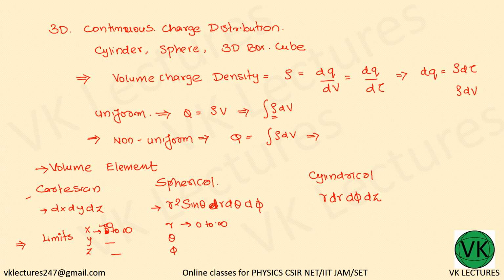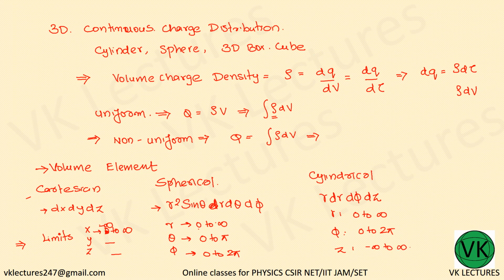In spherical polar coordinates, r ranges from 0 to infinity, theta from 0 to pi, and phi from 0 to 2 pi. For cylindrical coordinates, r is from 0 to infinity, phi from 0 to 2 pi, and z from minus infinity to plus infinity.